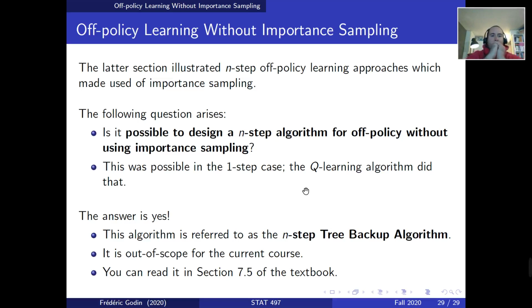Okay. So this is great, but we've seen that all the off-policy methods considered use importance sampling. One could say that this can be fine, but it can also be irritating if the importance sampling ratio is very volatile.